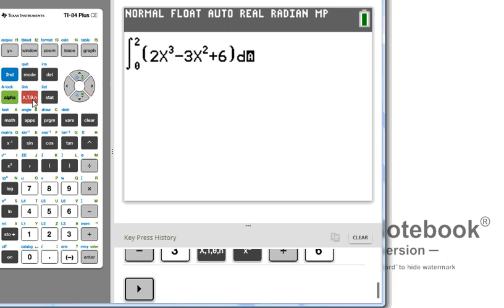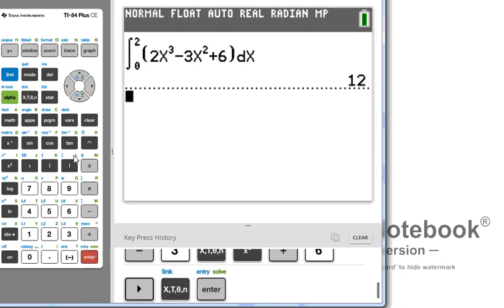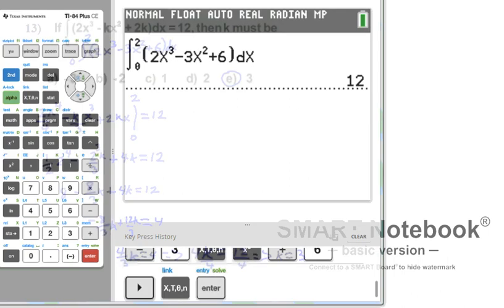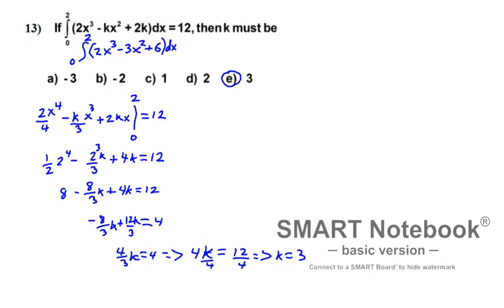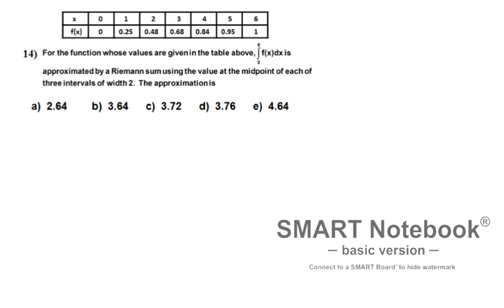I think we get 12, we get 12, yes. Okay, that's right. Let's go on to 14.